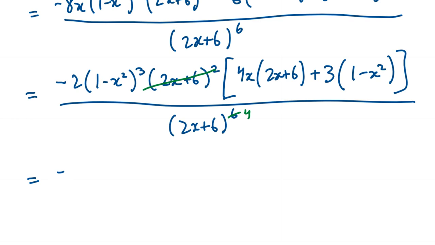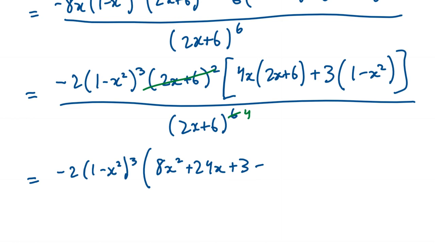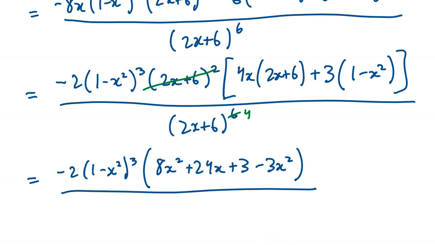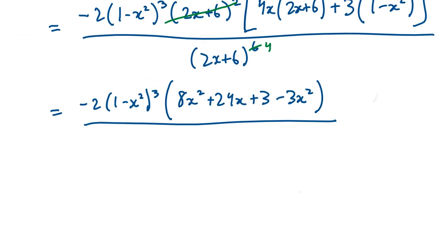Okay, so I'm going to tidy this up a little bit. Now I want you to watch what I'm doing with the bottom. So put your pencil down for a second and watch.